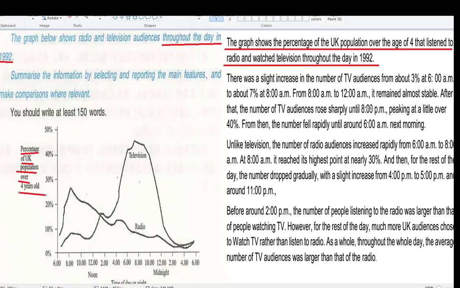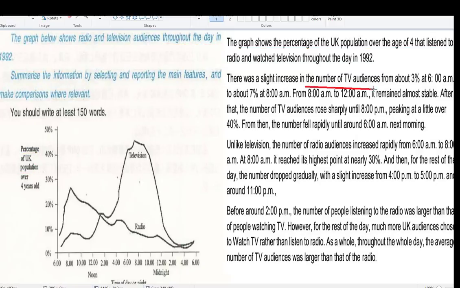Problem. Okay, let's see. "There was a slight increase in the number of TV audiences." I see this. The number of TV audiences. Is that what the graph shows? There's only one TV audience.